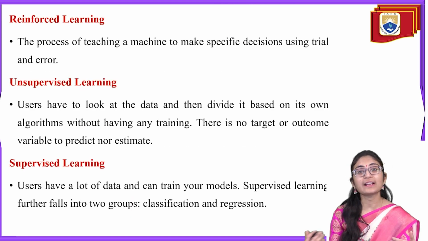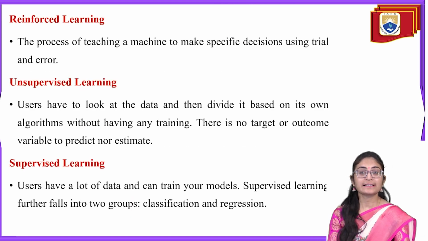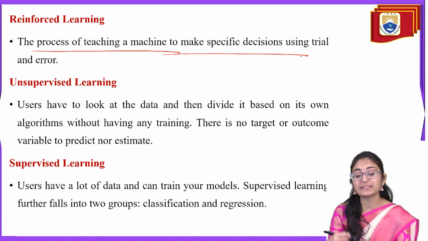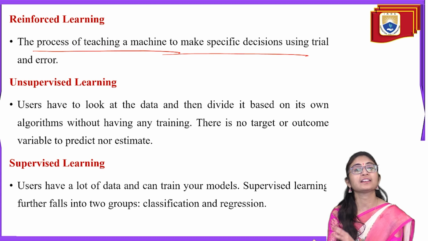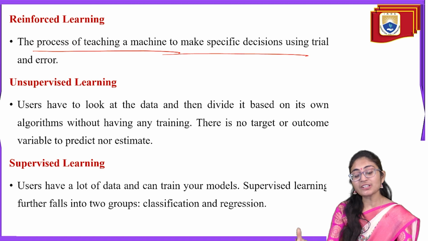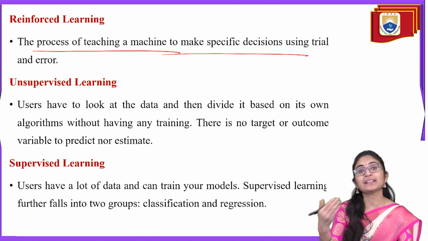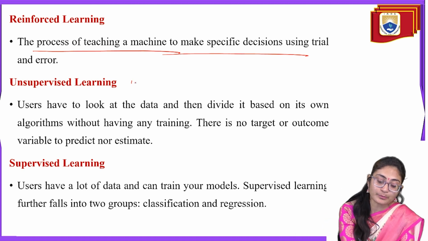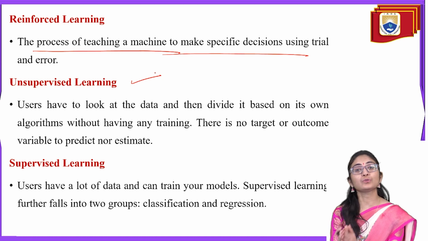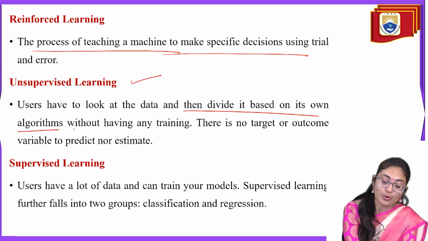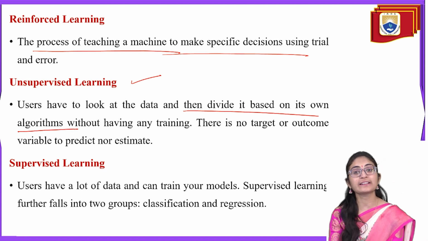What is meant by reinforcement learning? It is the process of teaching a machine to make specific decisions using trial and error. Then unsupervised learning: users have to look at the data and divide it based on the algorithm's own logic without any training.